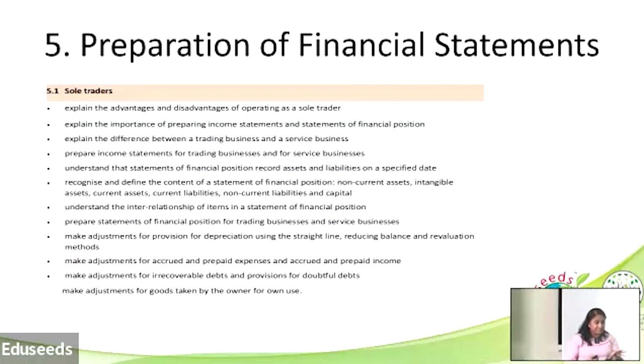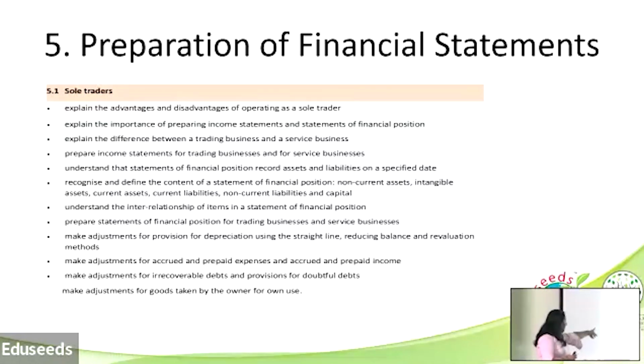That is a trading business. What is a service business or service industry? Like hospitals. They provide services to you. They don't sell anything to you, but they provide their services to you, like doctors provide their services to you. So you must know the difference between trading and service industry. And you must also know how to prepare an income statement for the trading industry and service industry. Okay, so that one you have to be clear on.